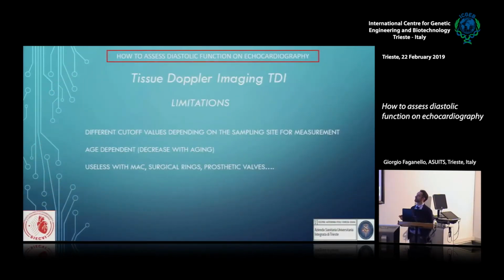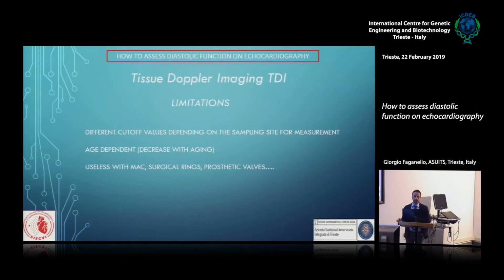TDI limitations. Different cutoff values depending on the sampling site for the measurement, as I said, septum against lateral wall. Age dependent, but we know that diastole is age dependent.